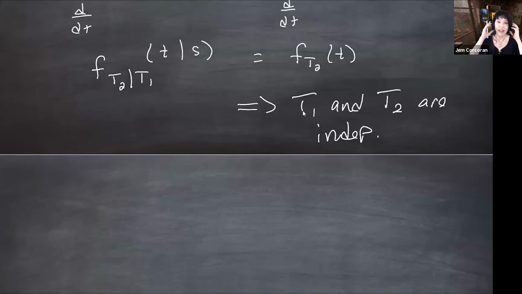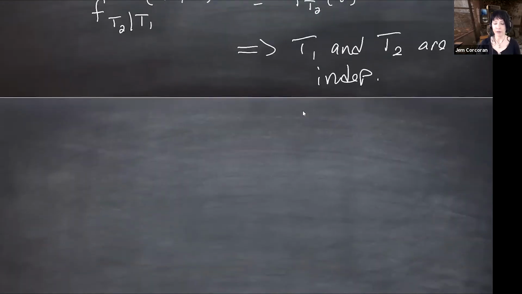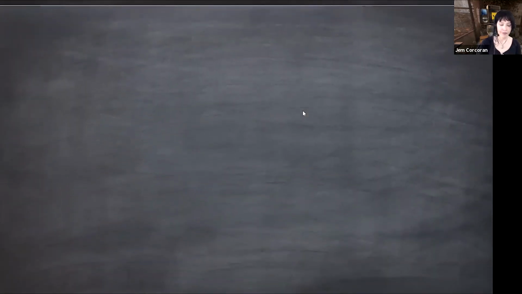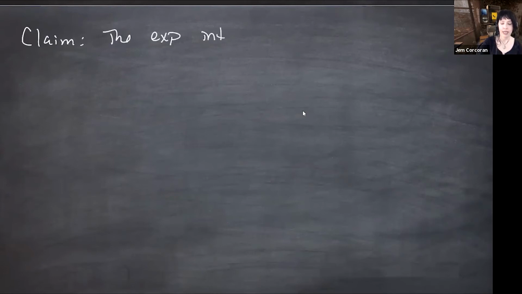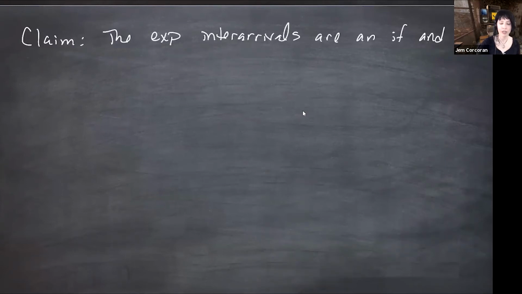And in fact, if we have exponential interarrivals and the other two properties from the Poisson process, property I and double I, and we never mentioned the Poisson random variable, that's actually enough to say we have a Poisson process. So I claim that the exponential interarrivals coming from the Poisson process are an if and only if.